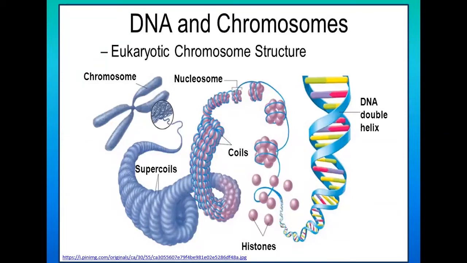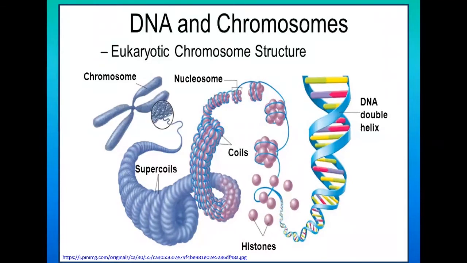This is the typical picture of a eukaryotic chromosome structure. What we're after with this illustration is for us to recognize the composition of a chromosome from the smallest going to the larger perspective. Now, the chromosome is made up of a strand, which we call DNA.